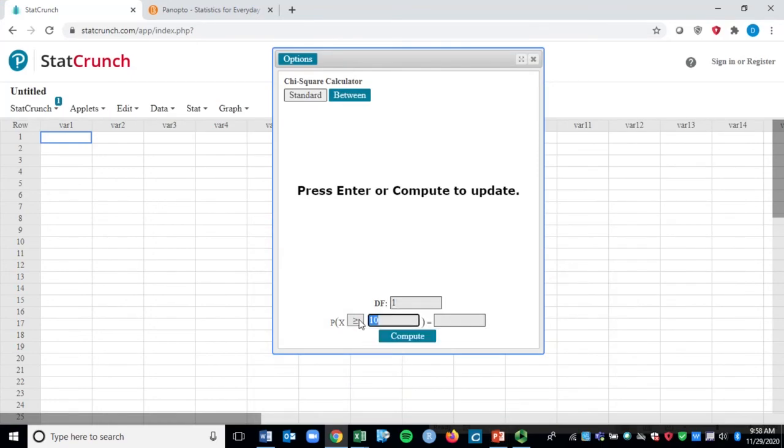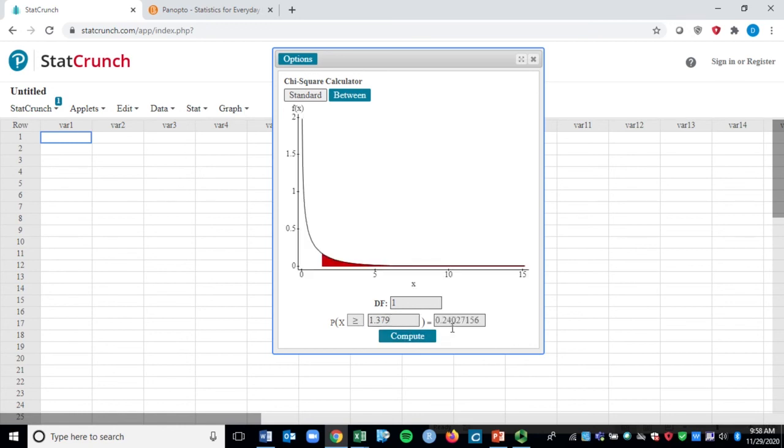So 1.379. Compute, and there's our p-value of 0.2403. And it gives you this ugly picture of 1 degree of freedom, okay? And so it's taken up a lot of the probability distribution underneath that curve, right? So 0.2403.